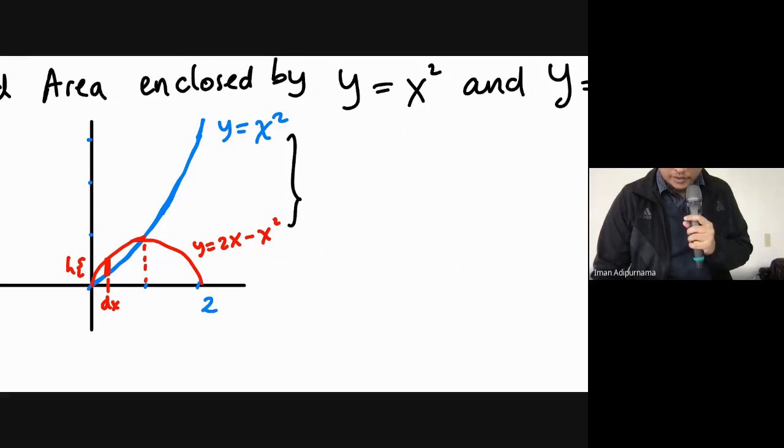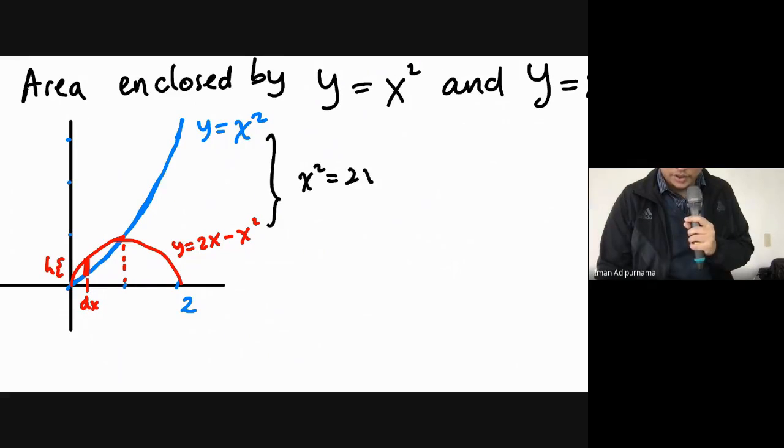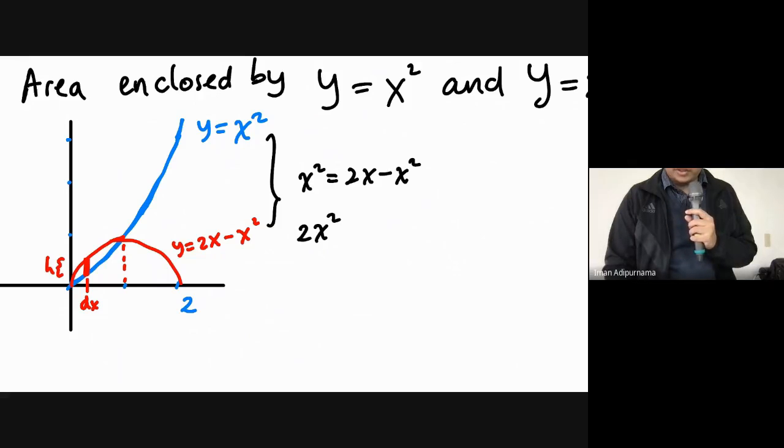To solve the intersections, based on these two curves, x squared is equal to 2x minus x squared, right? So 2x squared minus 2x is 0. So you will have 2x times x minus 1.